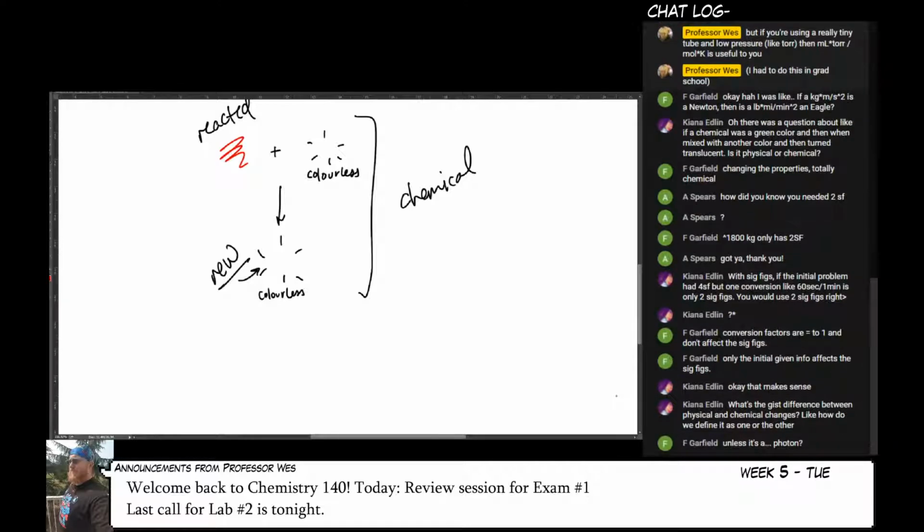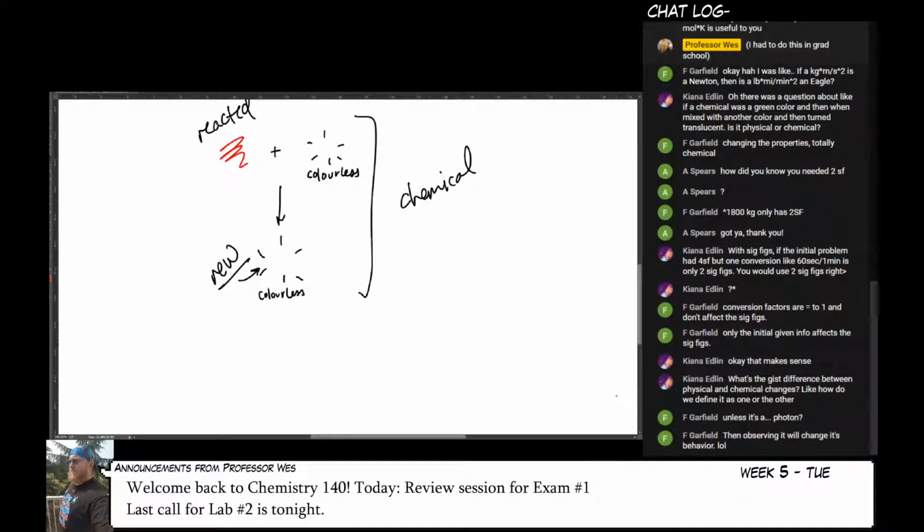Things like changing its shape, stretching it, bopping it, twisting it, turning it, that sort of stuff, those are all physical changes because you still have the thing you started with. Well, let's not get into that. Let's not get into photons or quantum mechanics. You change its behavior, but it's still a photon.